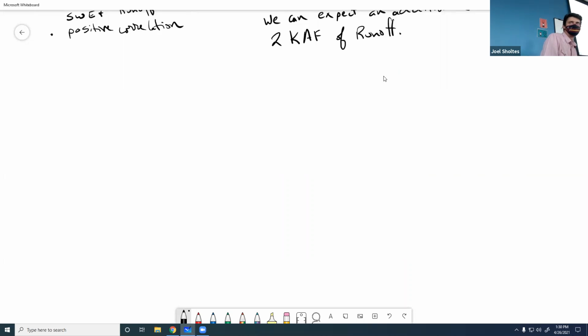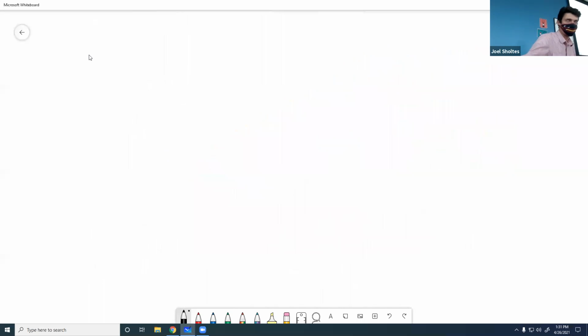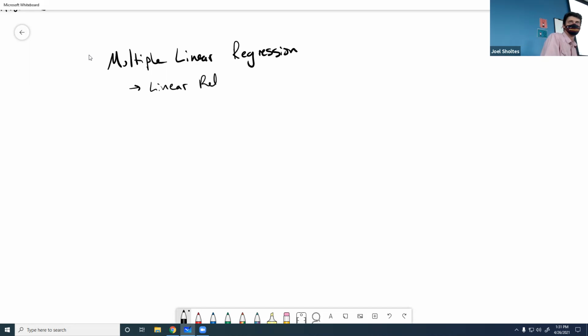So the next part of linear regression is we can actually do multiple linear regression. We're going to just introduce the concept. And in this case, again, we still need a linear relationship between our predictor variables and our dependent, still one dependent variable.